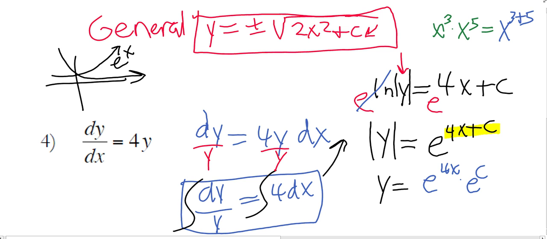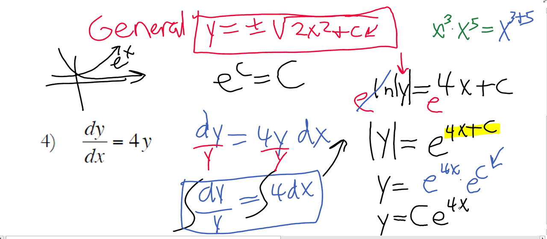And that may seem like a little thing, but e to the c, which has the constant in there, is still some arbitrary number that we're not sure what it is. So we write that e to the c is equal to capital C, and that tells us that we can pull this out in front, and typically we write that constant in front of the e term, and it would look like this.